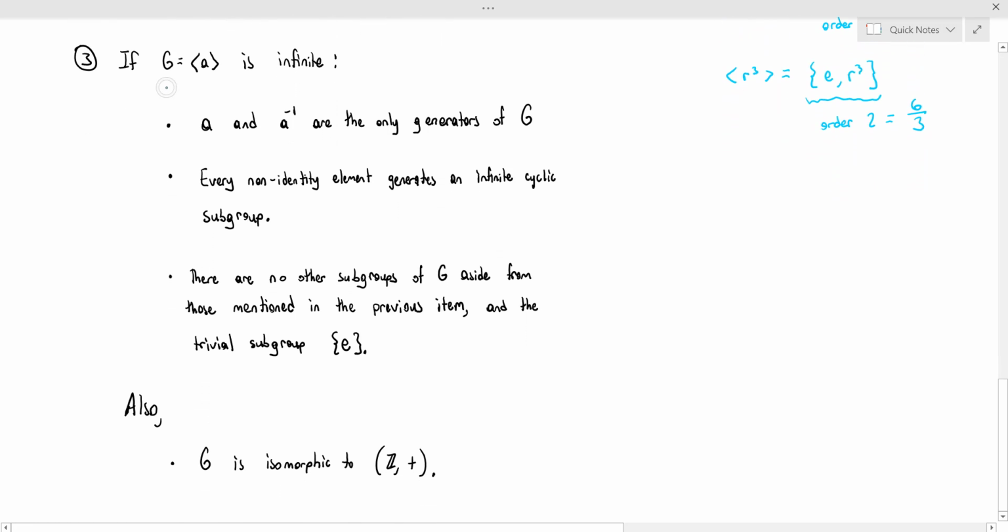Now, if G is an infinite cyclic group, then a and a inverse will be the only generators of G. Every non-identity element will generate an infinite cyclic subgroup, and there will be no other subgroups of G aside from these infinite cyclic subgroups, and of course the trivial subgroup consisting only of the identity element.